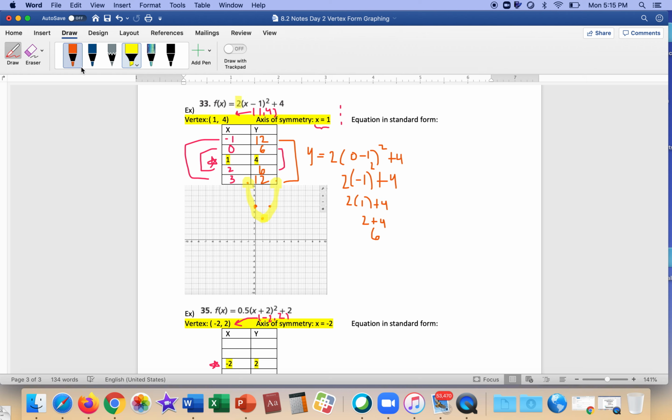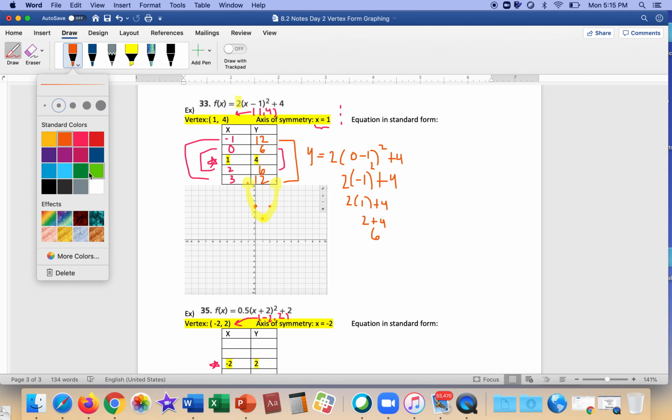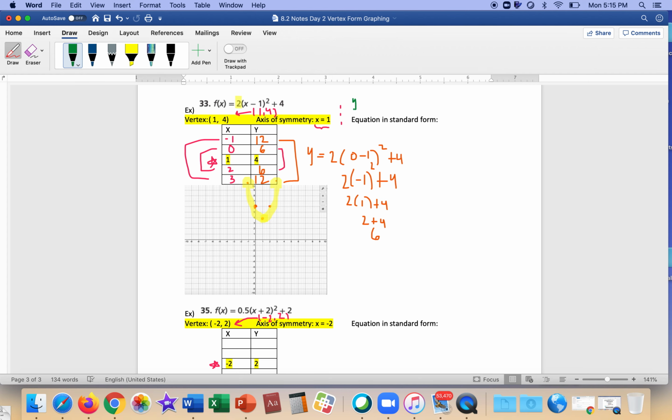Let's go into standard form now. So I would have f of x or y equals 2. We expand, so we write x minus 1 two times.